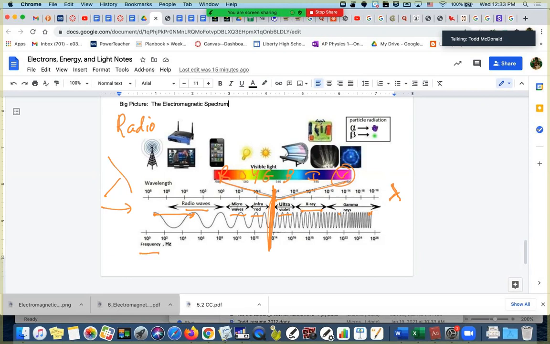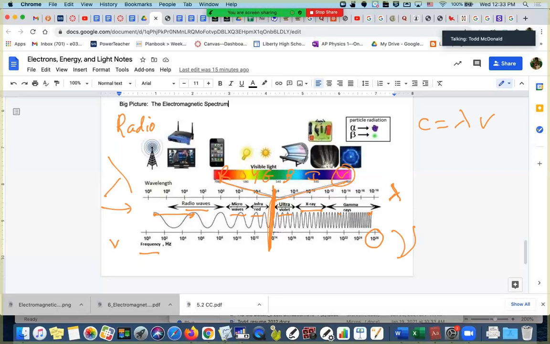Okay. Now look at frequency. The smaller the waves, so like gamma waves, they actually have the highest frequency. So big frequency on this side, small frequency on this side, okay? So they are in an inverse relationship. And if you think about the equation, the speed of light is equal to, no matter what, your wavelength times your frequency.